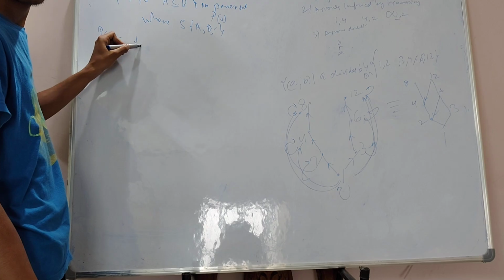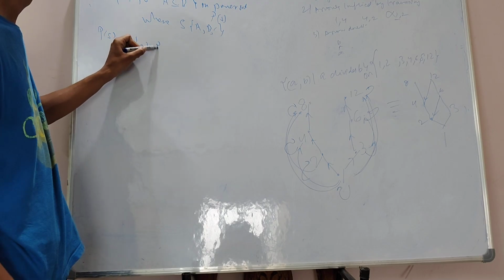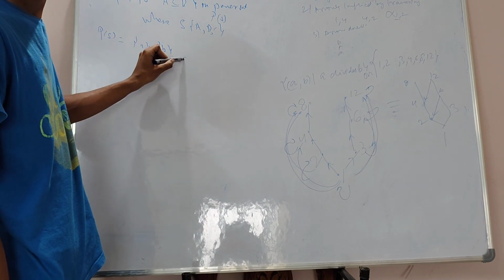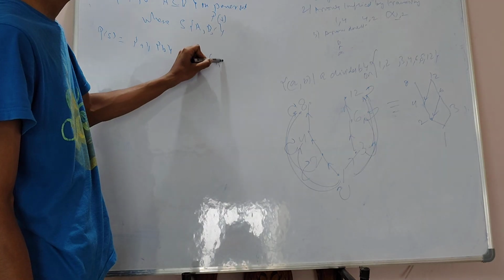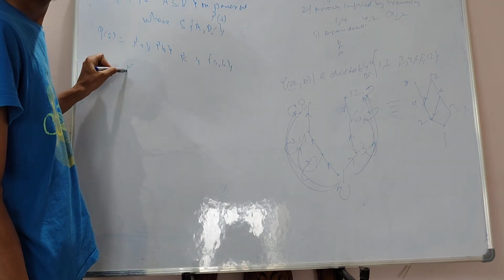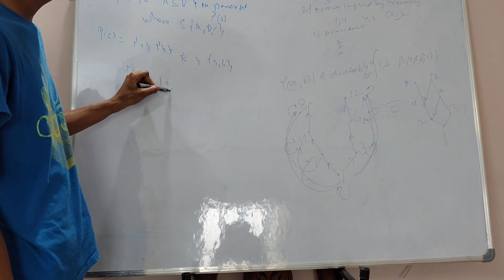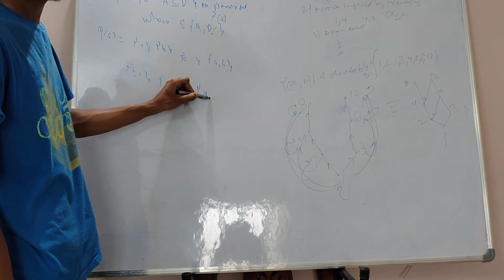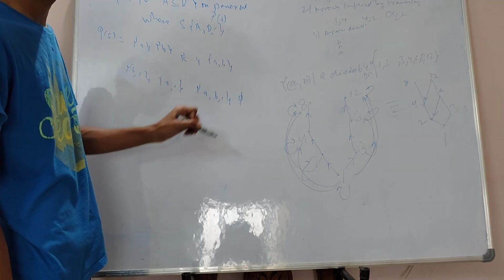This will be {a}, {b}, {c}, {a,b}, {b,c}, {a,c}, {a,b,c}, and the empty set.